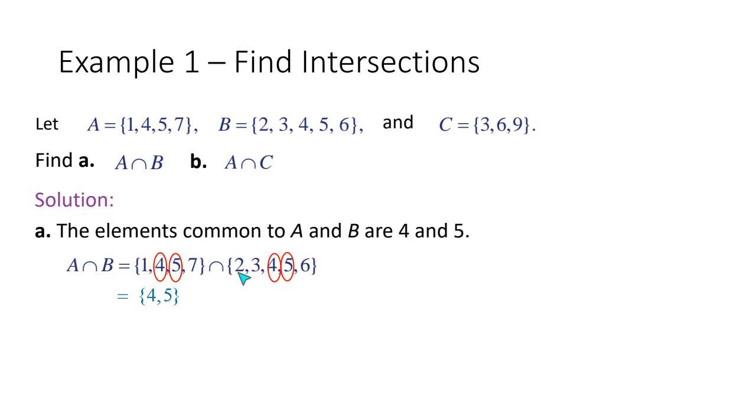And then B is 2, 3, 4, 5, 6. Since I have the intersection, you want to ask yourself, what are the elements that are common to A and B? Which elements belong to both A and B? We can see here that 4 and 5 belong to A, but they also belong to B. Therefore, the intersection of A and B is going to be 4, 5.